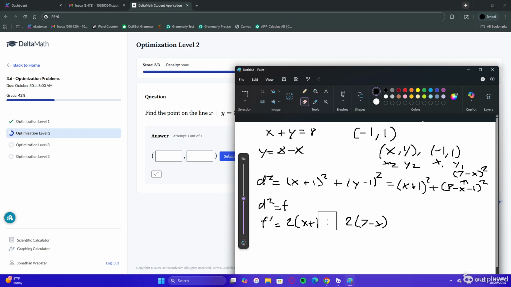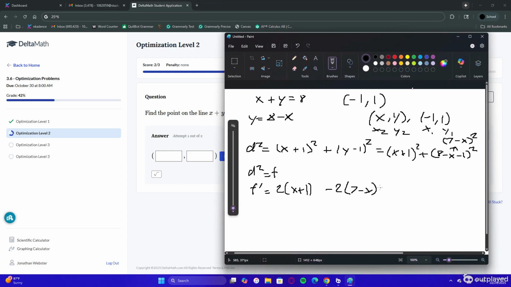So we can actually just put negative 2 right here, because negative 1 times 2 is just negative 2. So our f prime is equal to 2x plus 2 minus 14 plus 2x.